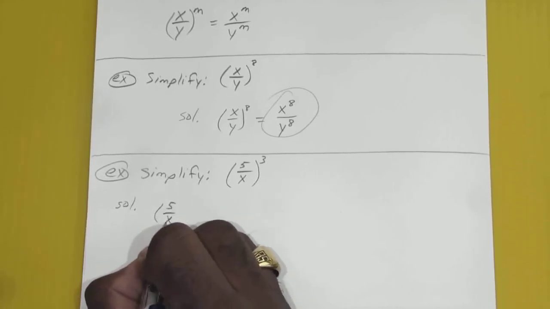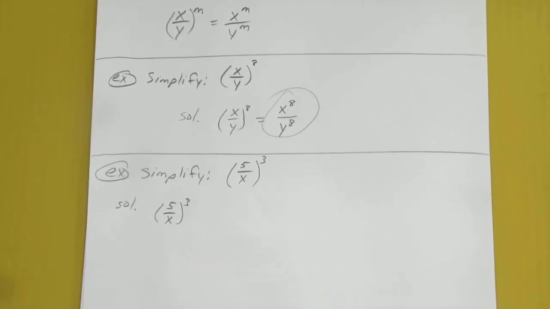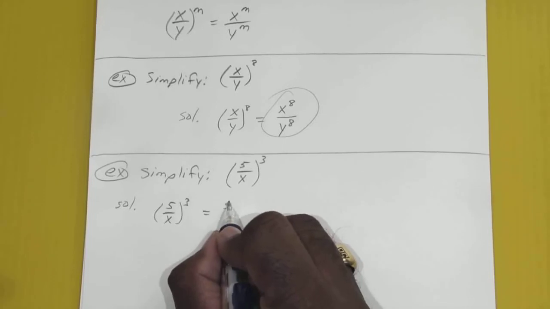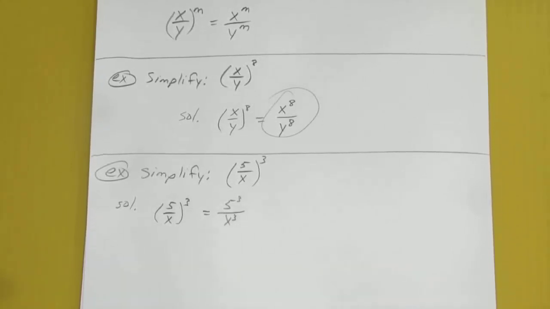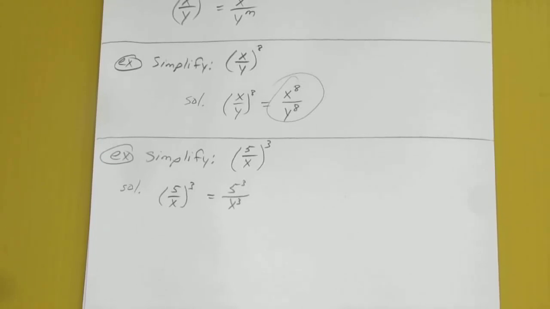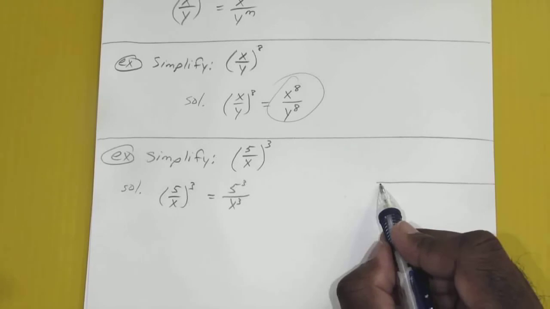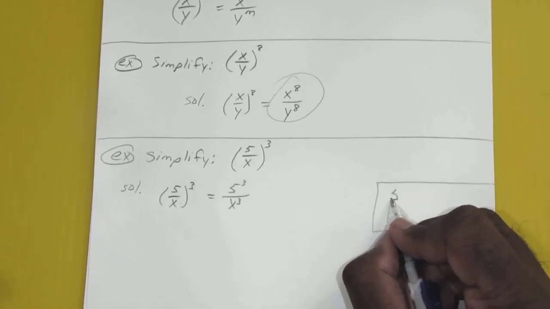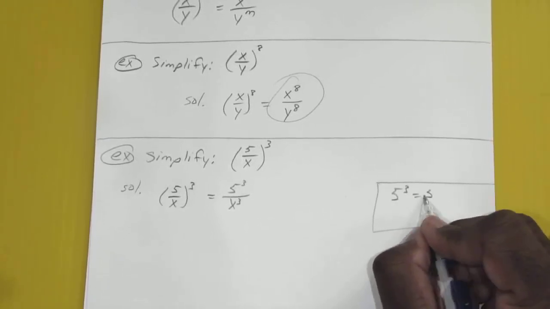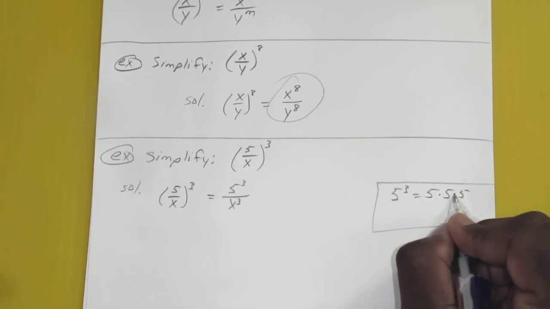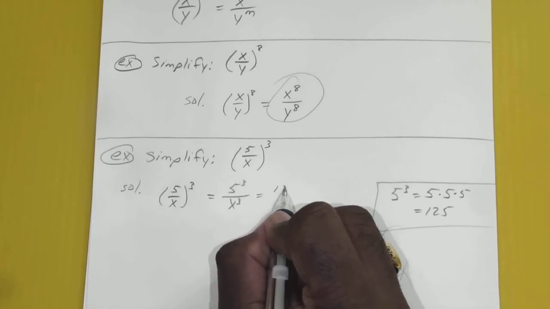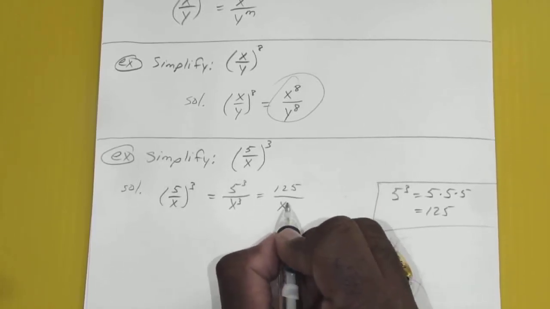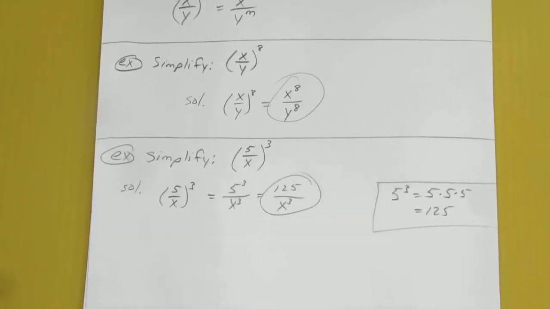So 5 over x to the 3rd power is just 5 to the 3rd power over x to the 3rd power. 5 to the 3rd power is just 5 times 5 times 5, which is 125. So that's 125 over x to the 3rd.